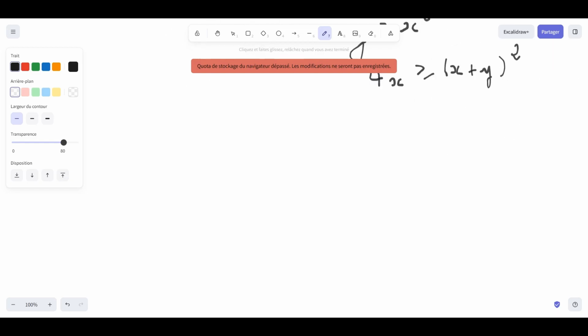You can put them into a graphical calculator, and you'll find something like this.